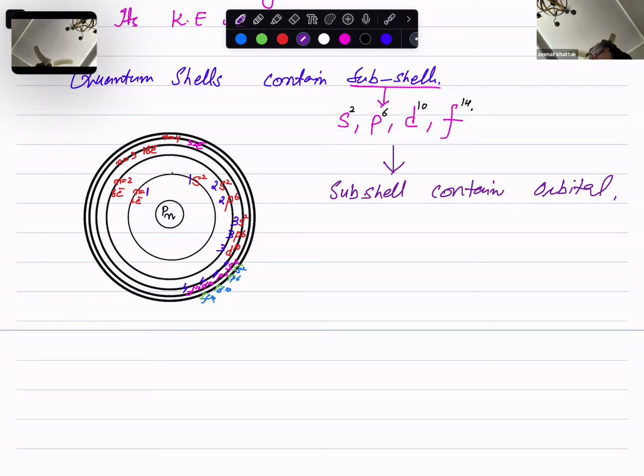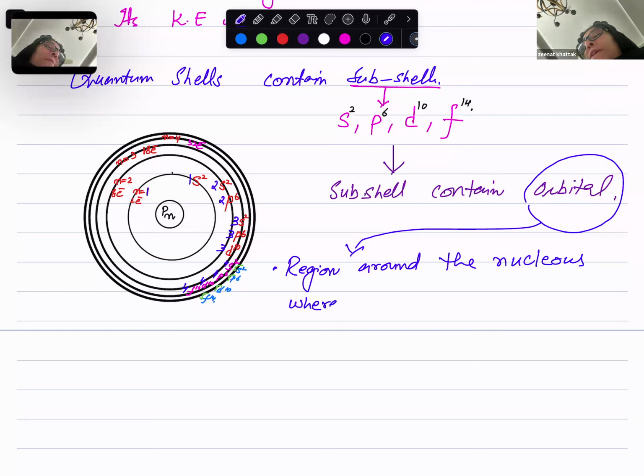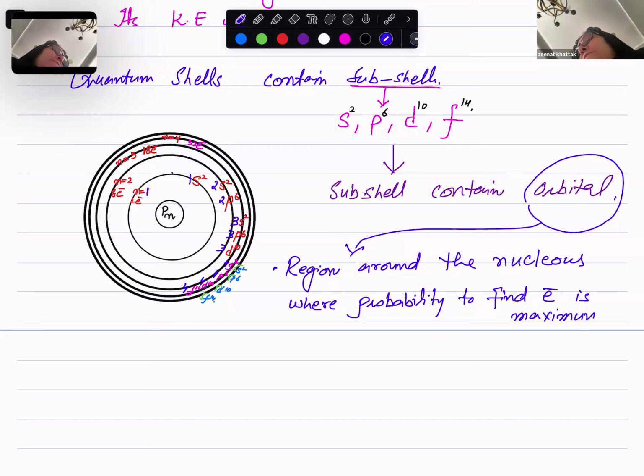You know what is an orbital? Region around the nucleus where the probability to find the electron is maximum.